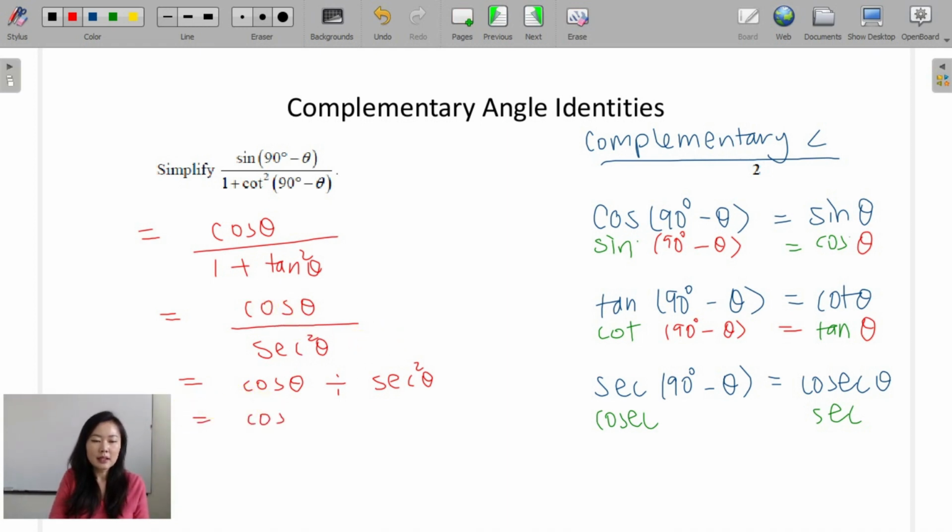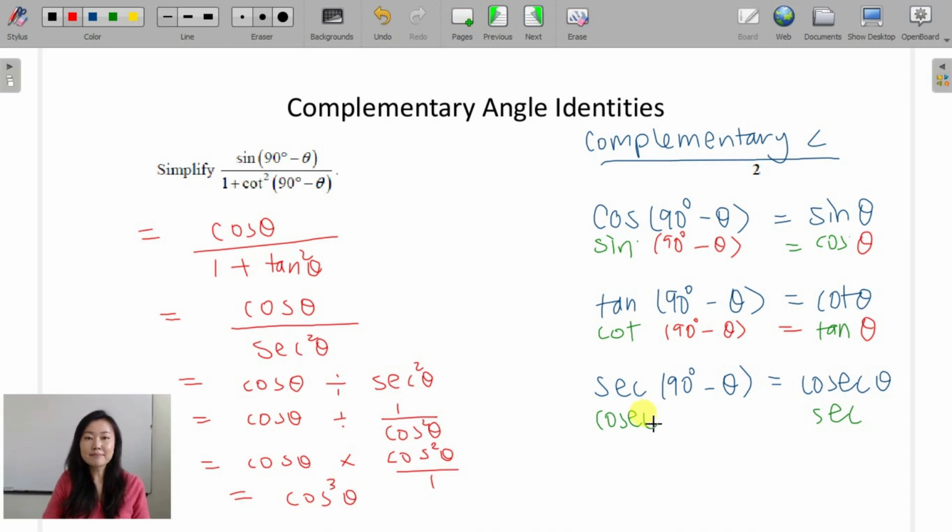What does sec theta squared represent? 1 on cos theta squared. And when you divide by a fraction, it's the same as multiplying by the reciprocal. All right, so that way it's a little bit longer, but you're much less likely to make mistakes. And that's it. This expression here can be simplified into cos theta cubed.